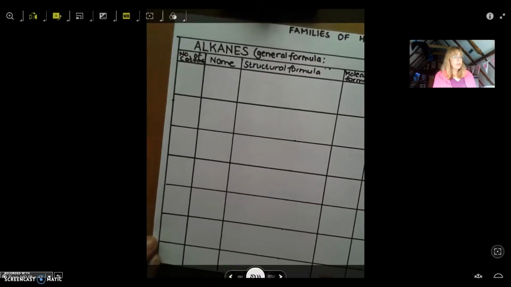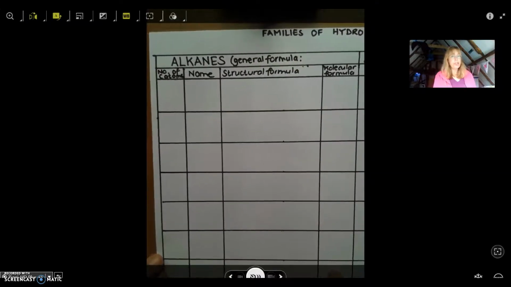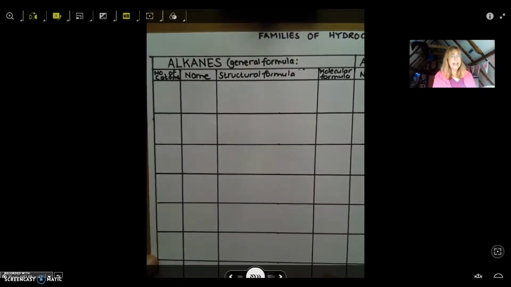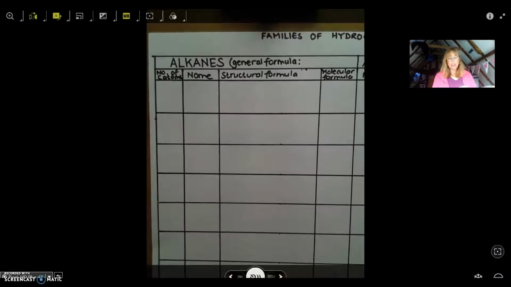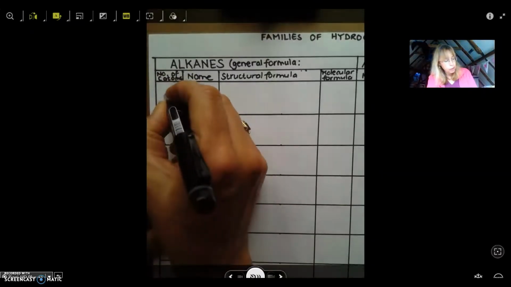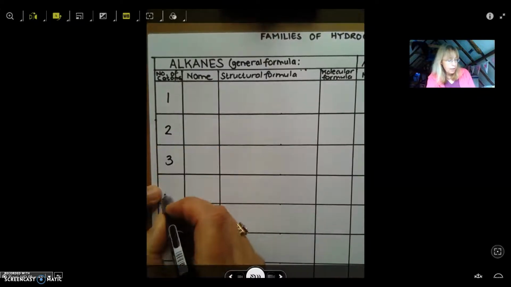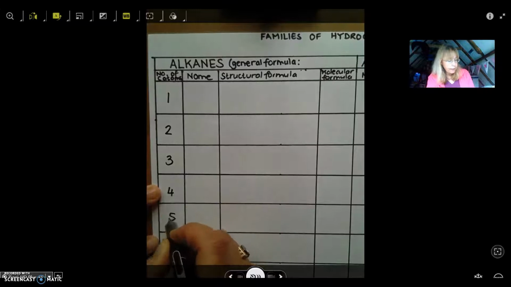So let me introduce you to the first family, which is known as the alkanes. So these are hydrocarbons, and hydrocarbon means that it has carbon and hydrogen in the molecule. And the way that we name them depends on the number of carbon atoms. So I'm going to start off with 1 carbon atom, 2 carbon atoms, 3, 4, 5, 6.